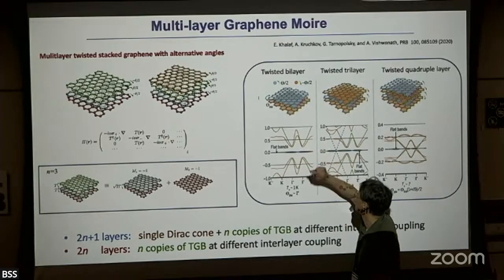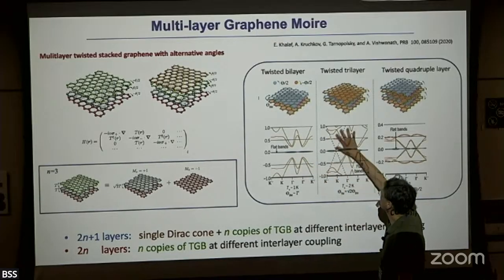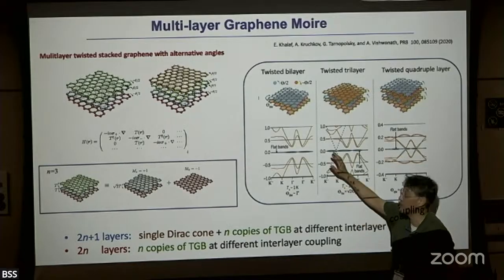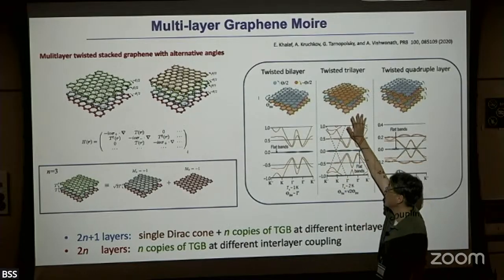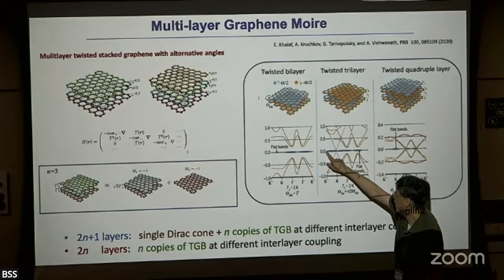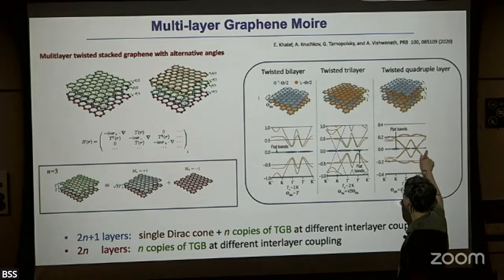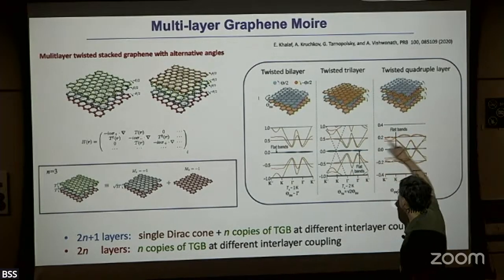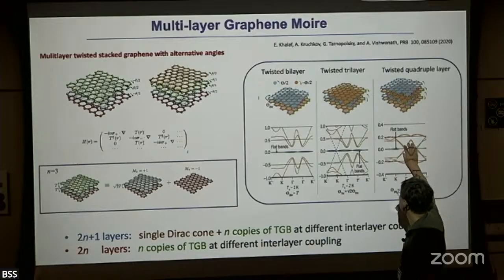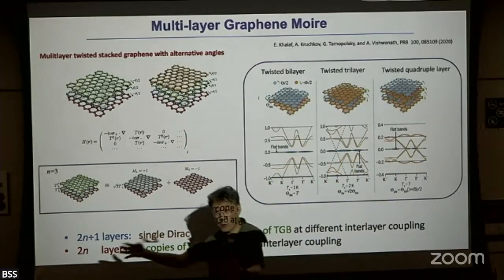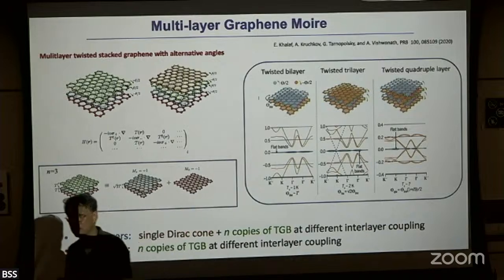With a twisted multilayer with well-controlled angle, although the angle can be different, if you tweak it right, you can still get a very flat band, even for 3-layer and 4-layer. There are other dispersive bands around, but usually these dispersive bands do not interact strongly with the flat band. So you can more or less get the flat band physics out of the multilayer.